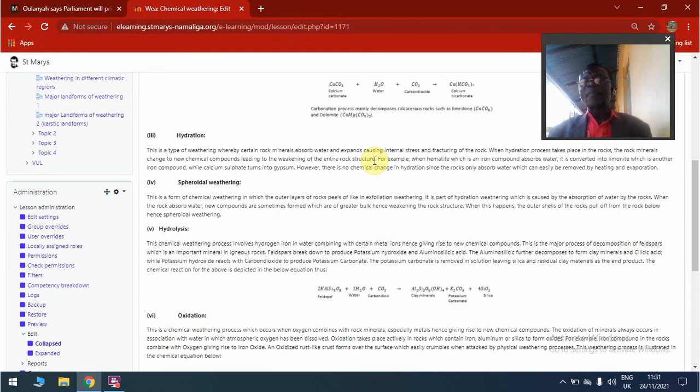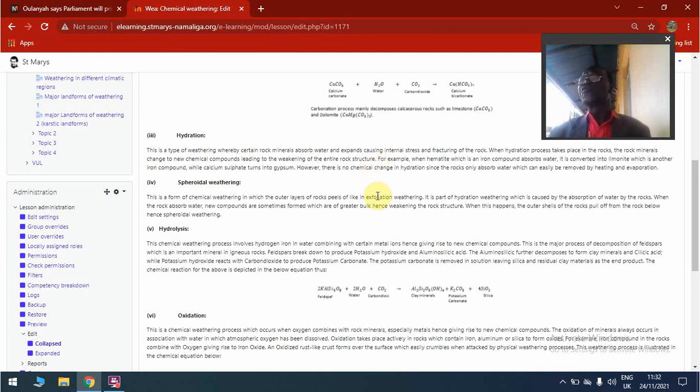Then, when this same rock also loses water through evaporation, it shrinks or contracts. Okay? Now, in this case, you will find this occasional expansion of the rock surface after intake of water and contraction of the rock surface after loss of water through evaporation will weaken the outer layer of the rock.